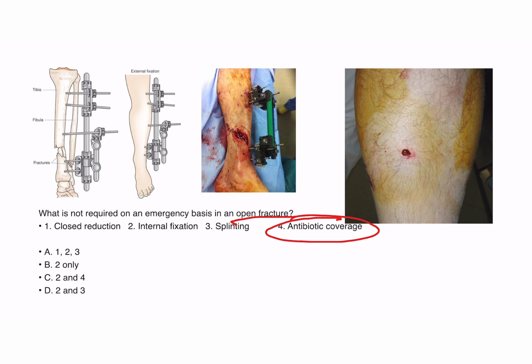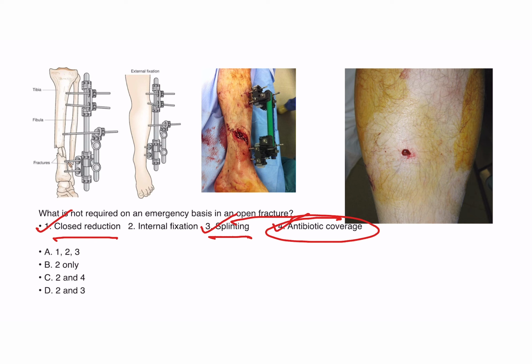Do you need to immobilize it with splinting? It could be an external splinting, as in the case of an external fixator. Yes, I need it. Do I need a closed reduction? Yes, I need to try reducing the fracture before applying the splint. So I need 1, 3, and 4. The question asked is which you do not require.